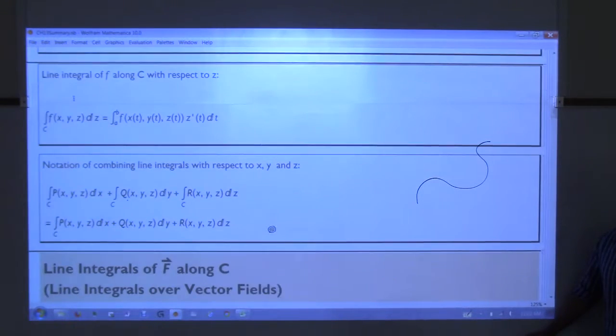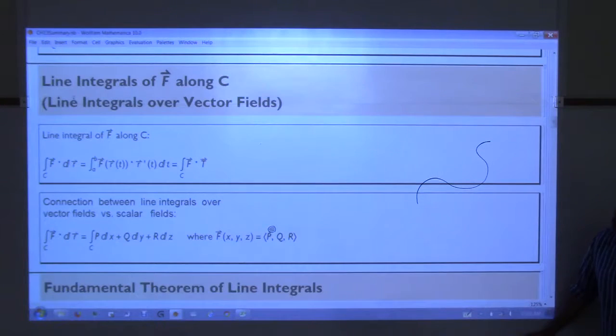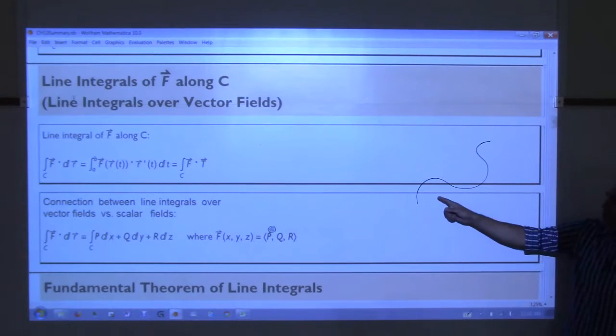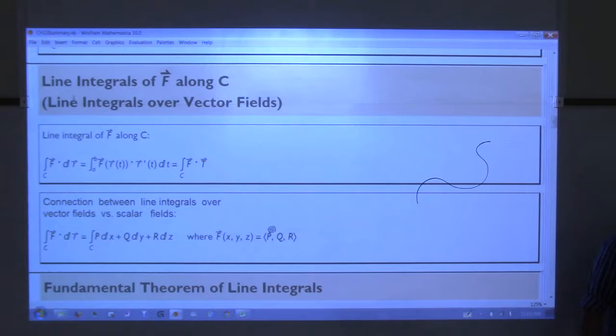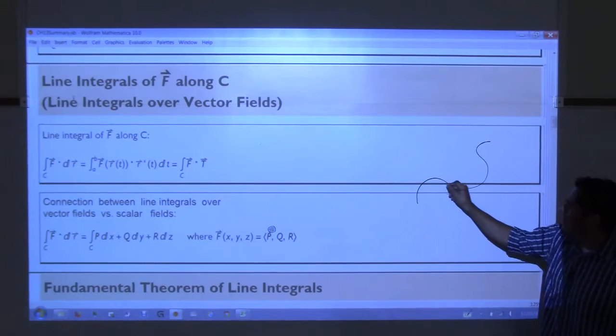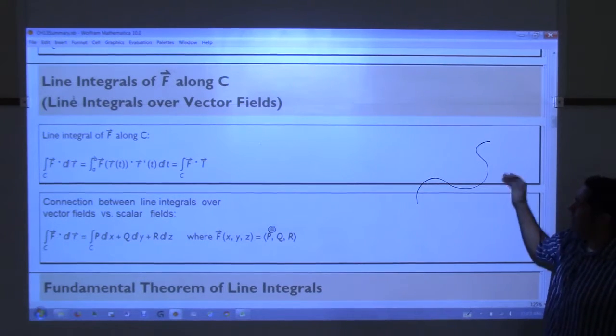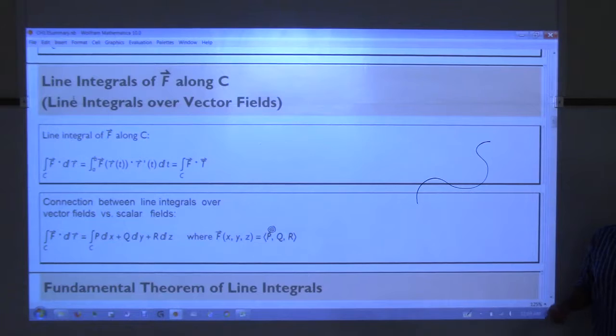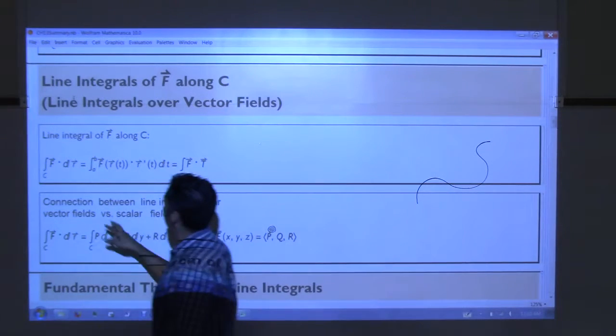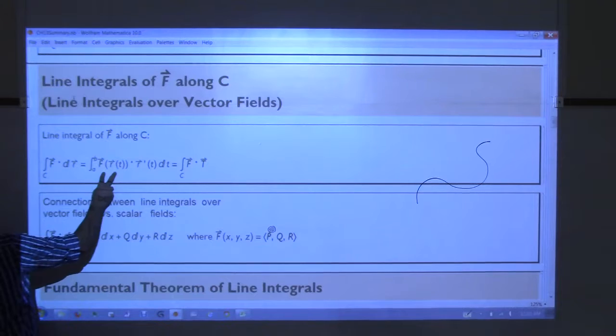Then we introduced the idea of moving a curve C through a vector field and adding up the effect of moving through the vector field. You've got all these vectors in here. And that was our work, and work turned out to be this formula right here.